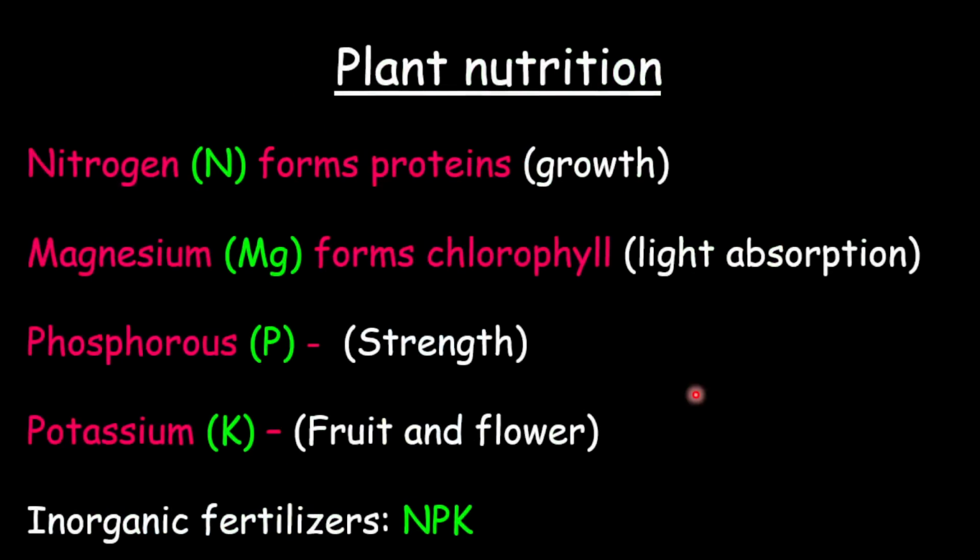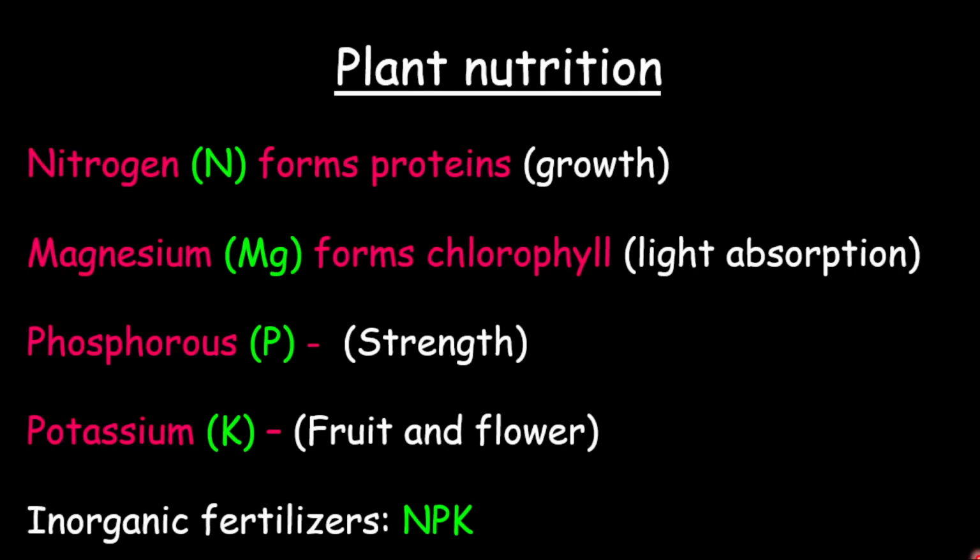Now, in terms of plant nutrition, we need to know some very important nutrients that plants require, such as nitrogen, symbolized with N. It is used to form proteins, and proteins are needed for growth and development. We also have magnesium, Mg, needed for chlorophyll production, and once you have enough chlorophyll, it also aids in the absorption of light.